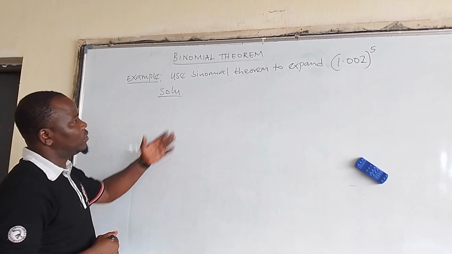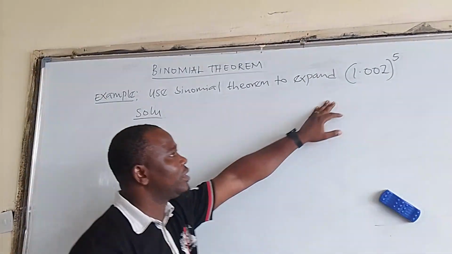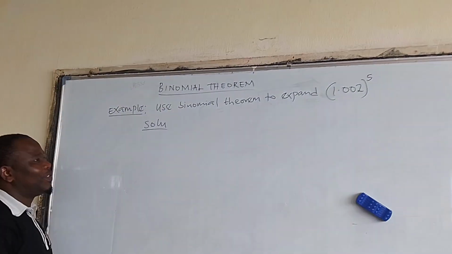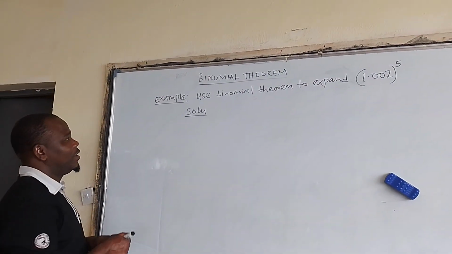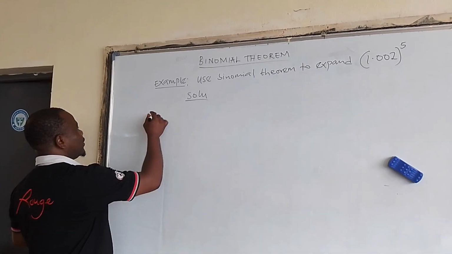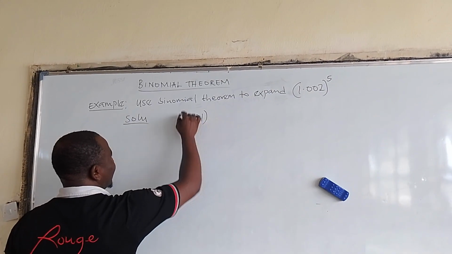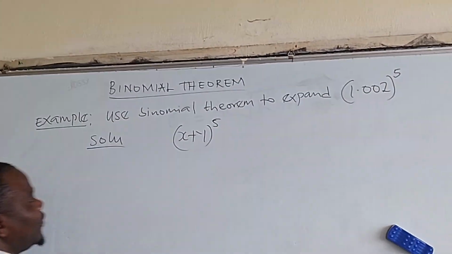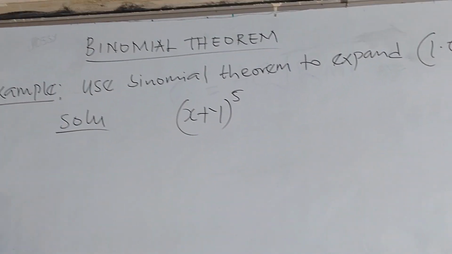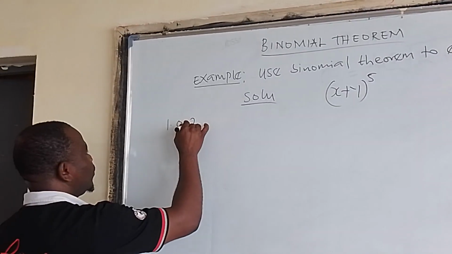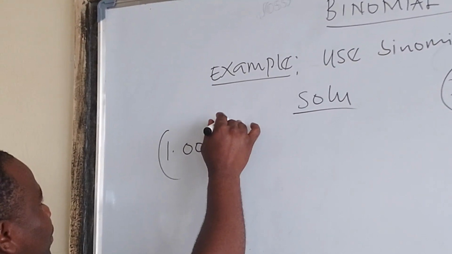But today's example looks different. The other day we looked at something like this: x plus y all in bracket raised to the power of 5. But today we are looking at 1.002 all in bracket raised to the power of 5.